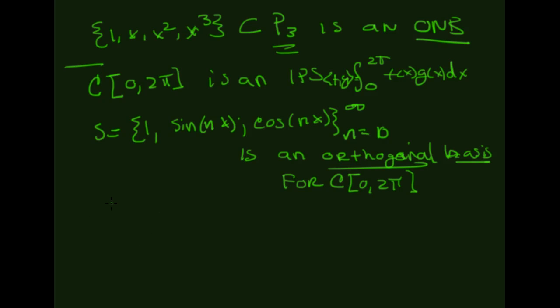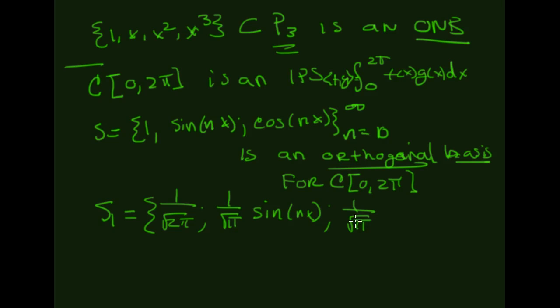But I don't get orthonormal, so I have to make a little change here to get orthonormal. If I change the 1 to 1 over the square root of 2 pi, and then I put a coefficient of 1 over the square root of pi in front of all the sines and the cosines, and again, you can go and check this and do all the work, this is an orthonormal basis.